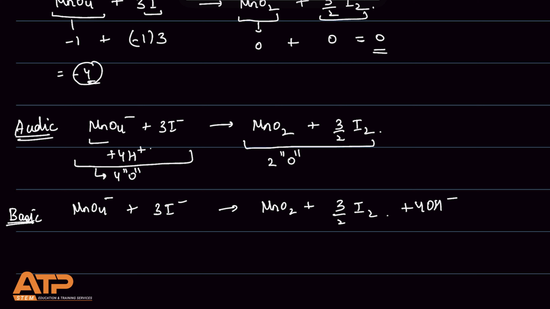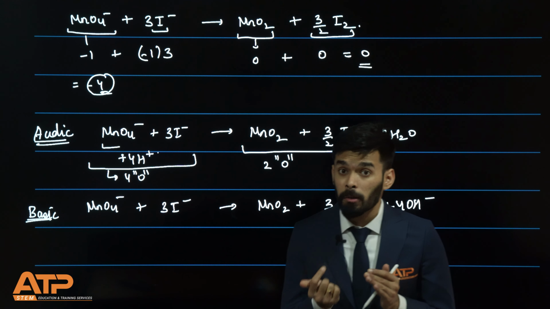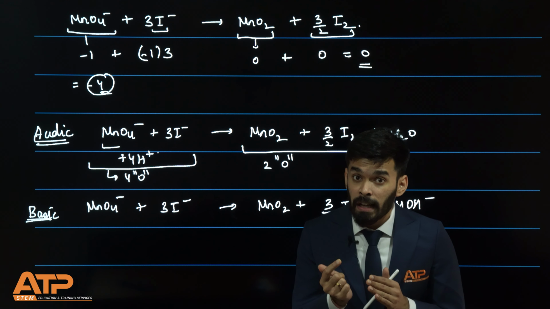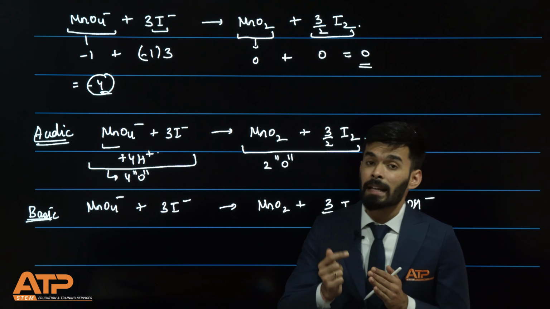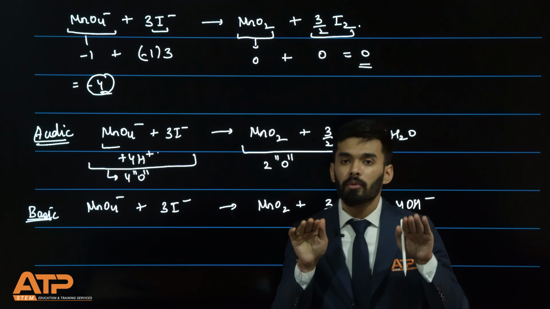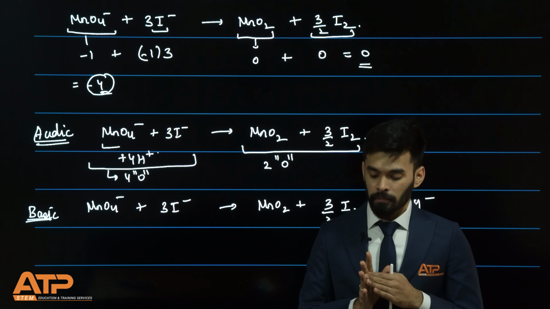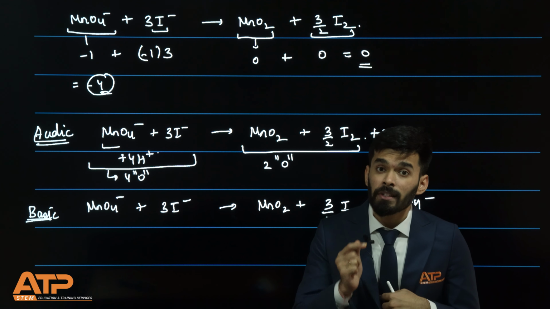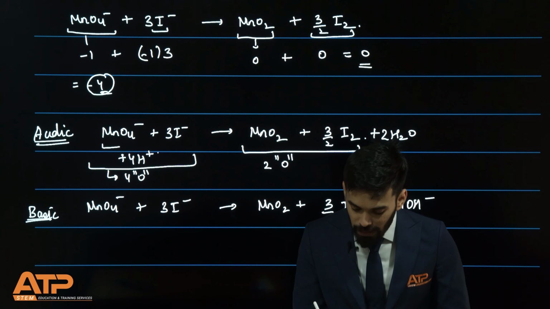We can do that by adding 2 water molecules on the product side, because each water molecule carries 1 oxygen atom. So 2 water molecules will carry 2 oxygen atoms. That will make the number of oxygen atoms 4 on both sides of the reaction. And with this, hydrogen will get automatically balanced. We can see that from here.